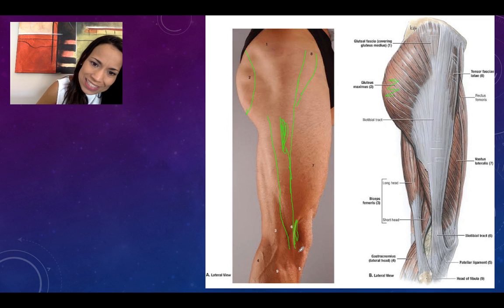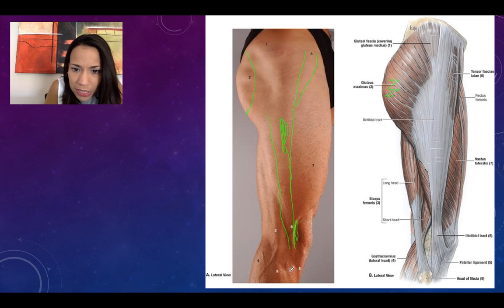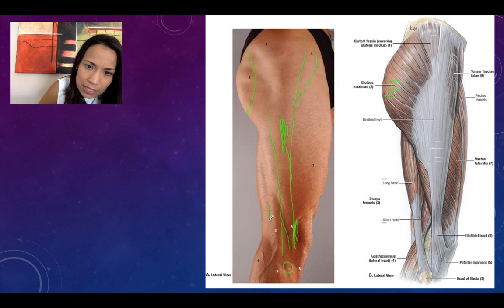In here we can see, well, this is cool because you can see this is the head of the fibula. Can you see it? That's the tendon of the biceps femoris. And you can see all of this is the long head of the biceps femoris all the way to here.